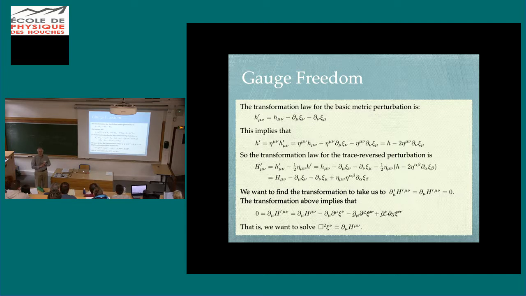So what this amounts to is choosing coordinates in a way that I satisfy the Lorentz condition, which makes the Einstein equation simpler and easier to solve.